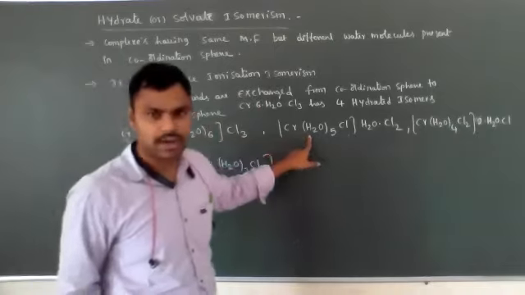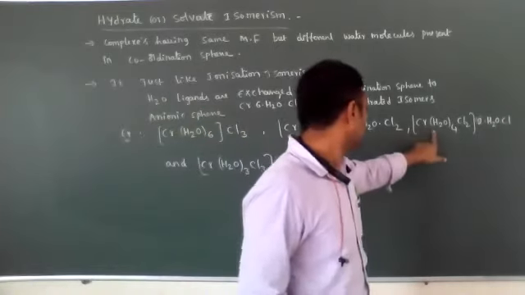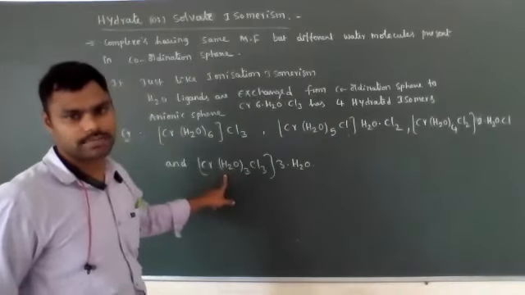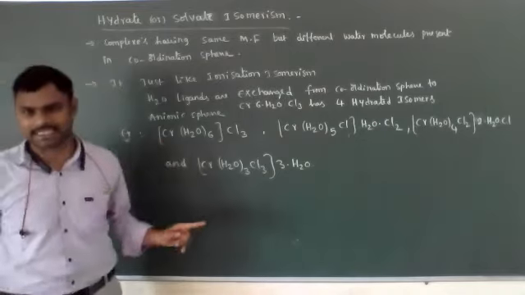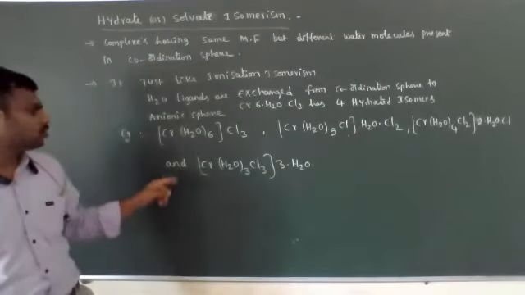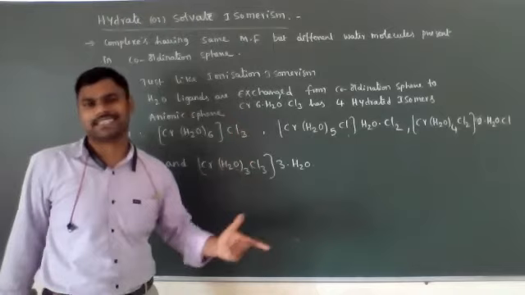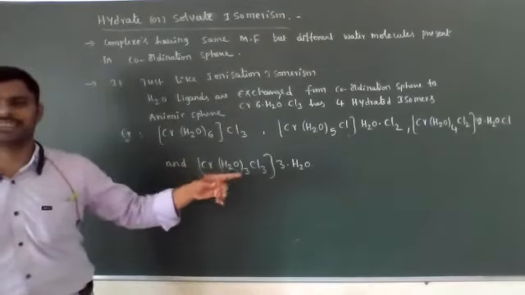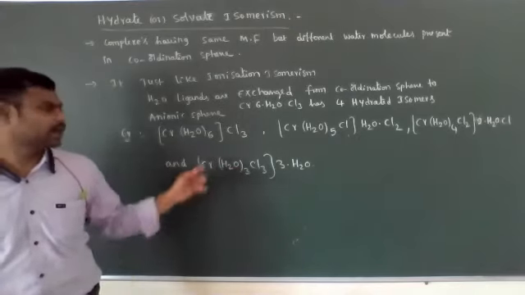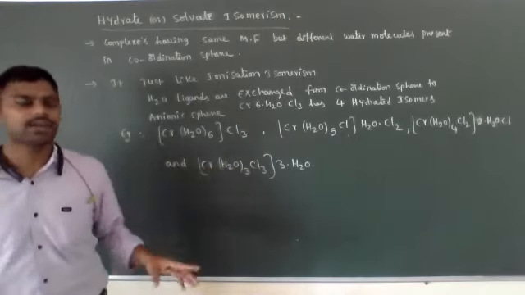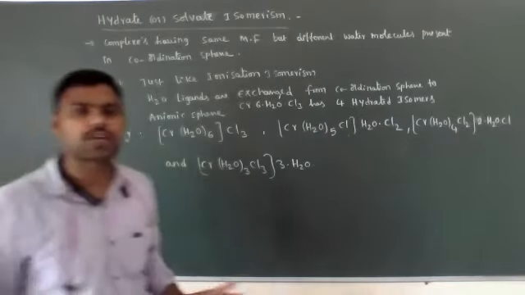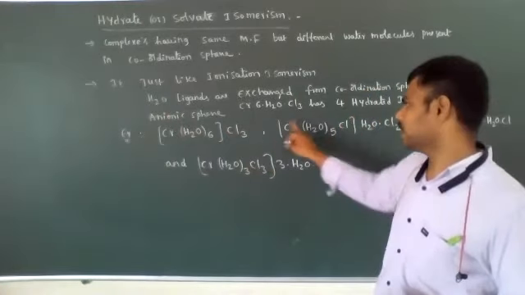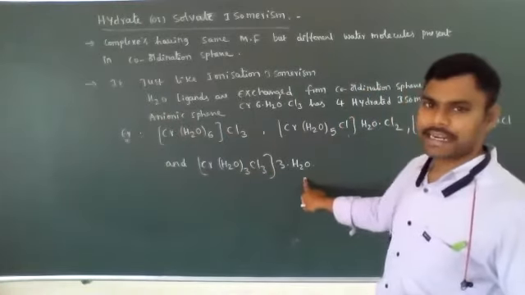In the second, 5 water molecules, in the third, 4, and in the fourth, 3 water molecules are present. But the total coordination number is 6. For example, if one water molecule is exchanged, then one chlorine comes into the coordination sphere. If two water molecules are exchanged, two chlorines come into the coordination sphere. So the total coordination number must be equal to 6, for octahedral complexes. Then we get 4 hydrated isomers.